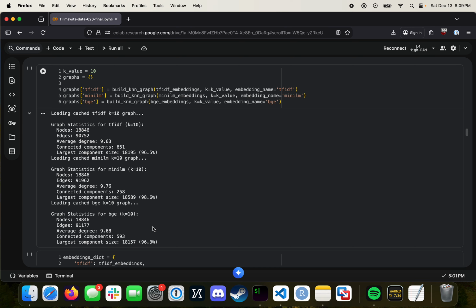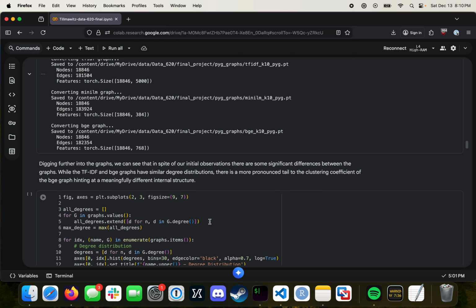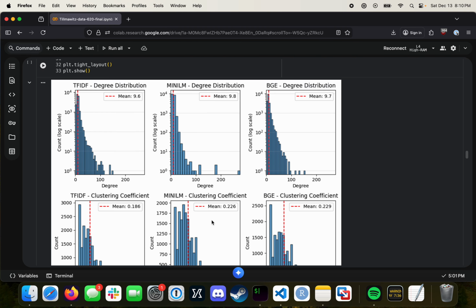Both consist of significantly more components than the mini-LM model, and the largest connected component is a measurably smaller portion of the overall graph. Given these initial statistics, it would appear that the TF-IDF and BGE encodings produce relatively similar graphs. However, as we will see, there is meaningful difference in the underlying graph structure.